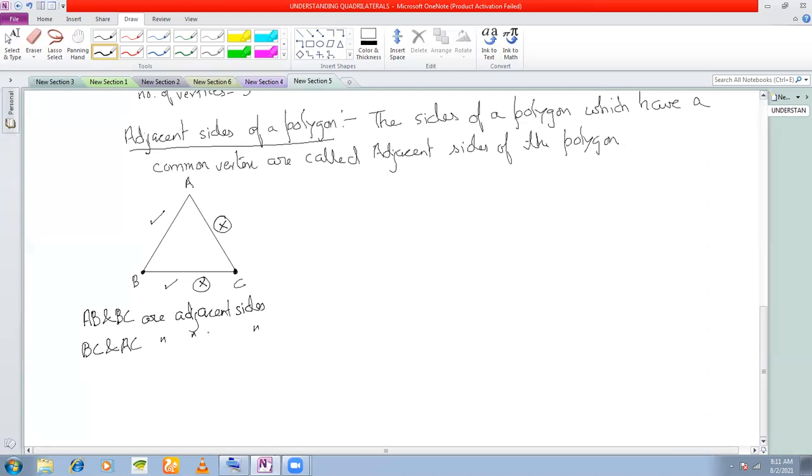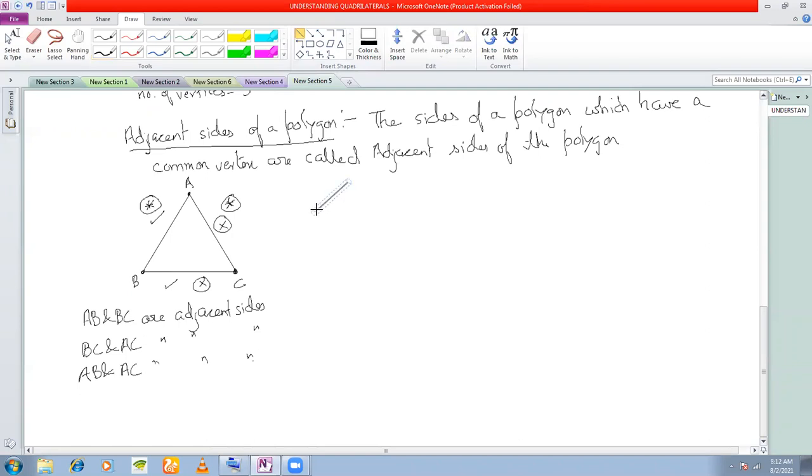Also, the side AB and the side AC have a vertex A in common. Therefore, AB and AC are adjacent sides. Is this clear? Definition of adjacent sides? Yes, sir.